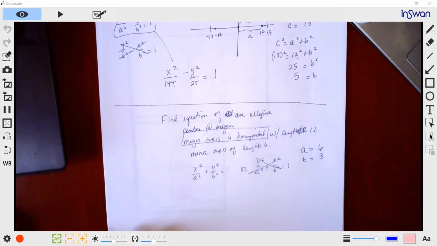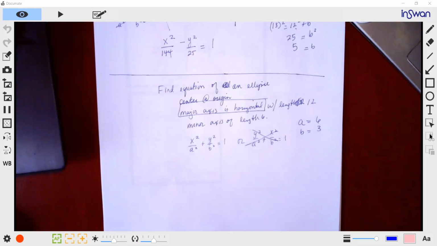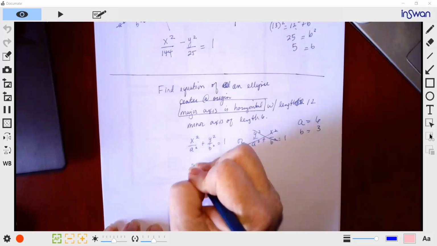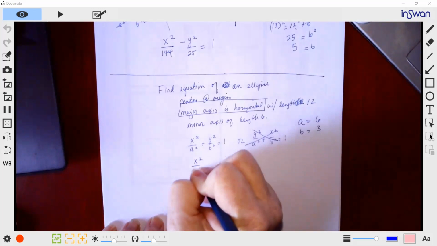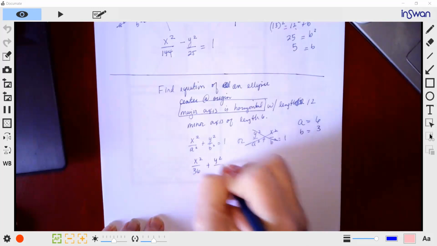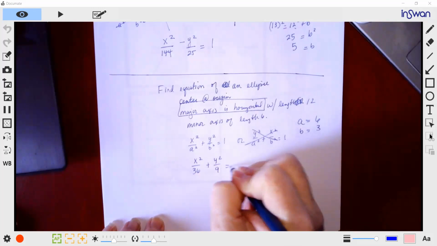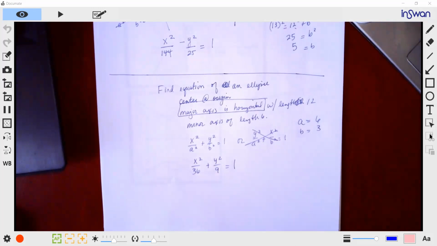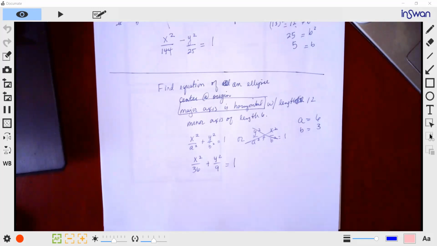When it's wider than it is tall, the a squared is under the x squared. So we just have x squared over 36 plus y squared over 9 is equal to 1. And it's as easy as that. Well, I say easy. That's all relative, I recognize. But if you know your definitions, that part is not too bad, right?